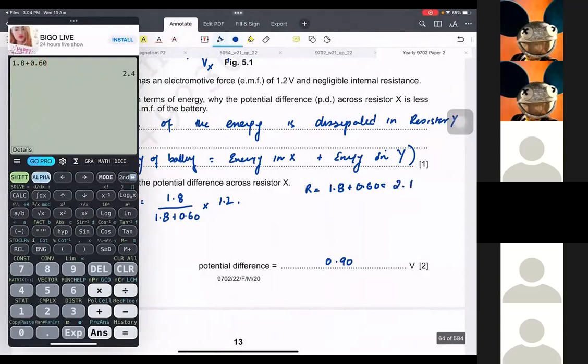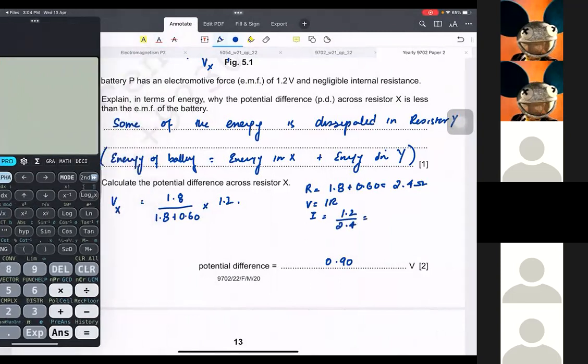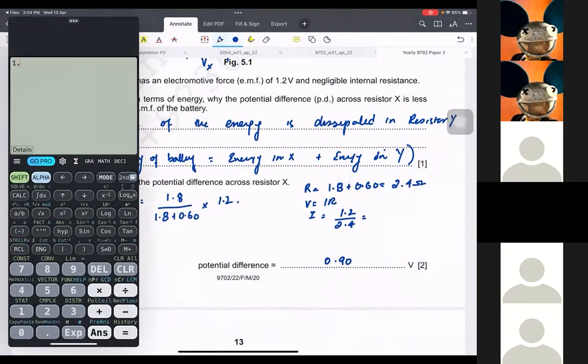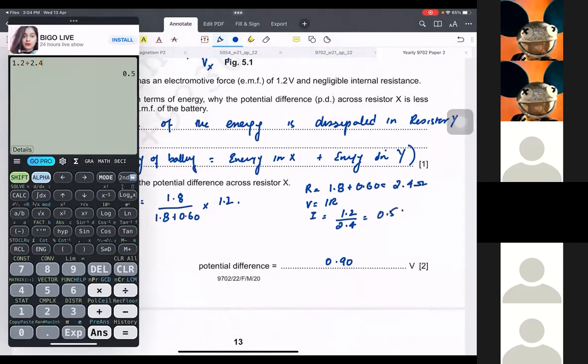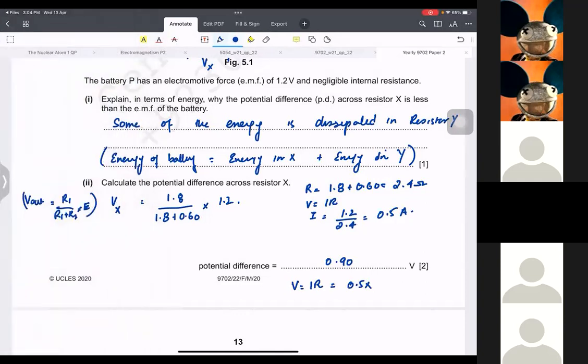That is 2.4 ohms. And then I'm going to use V is equal to IR to find I. The total voltage was 1.2 and the resistance 2.4, so 1.2 divided by 2.4 is 0.5 ampere. Then I'm going to use V is equal to IR again, using this current and the resistance of X, which is 1.8.